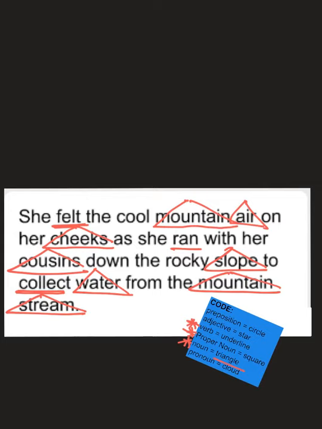Now, of course, there's an adjective to describe the mountain air. Yes, it is cool mountain air, not just any air, cool mountain air. And what about the way that the slope is described? Yes, it's rocky. So that is our adjective there. Again, I hope yours is a little neater than mine.